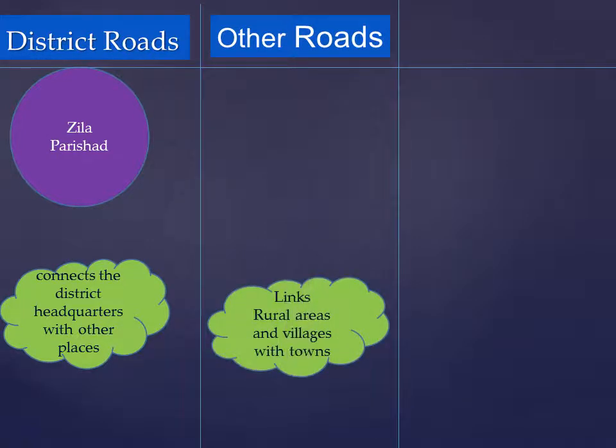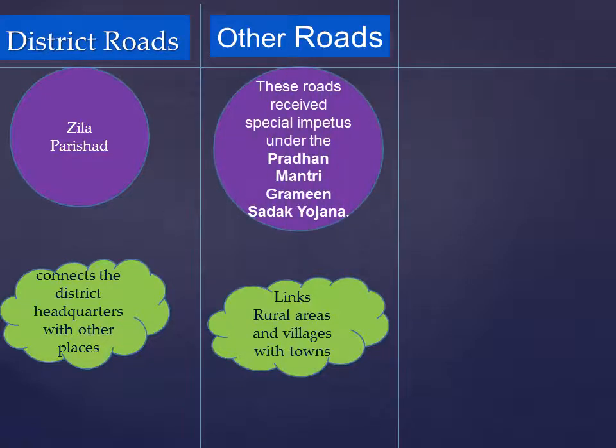These roads link rural areas and villages with towns, and they receive a special impetus under the Pradhan Mantri Gramin Sadak Yojana. Under this scheme, special provisions are made so that every village in the country is linked to a major town by an all-season motorable road.